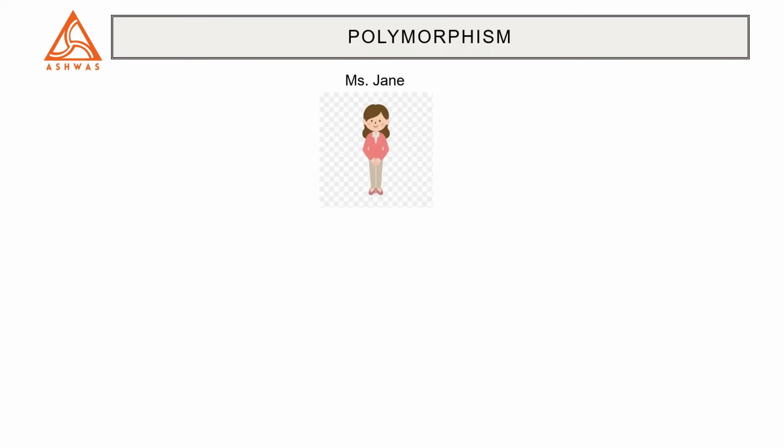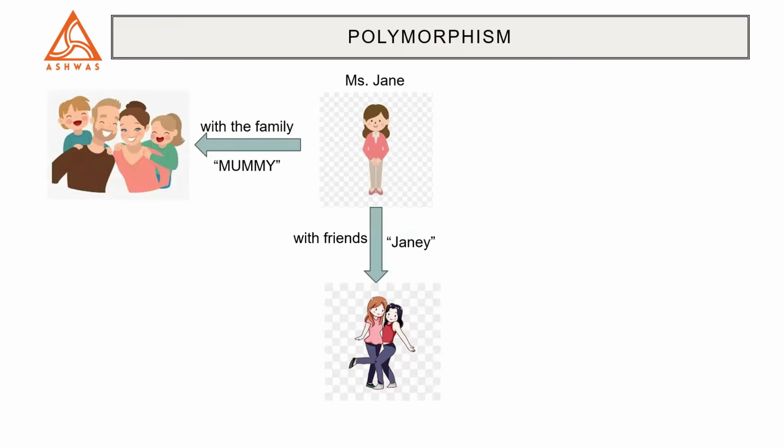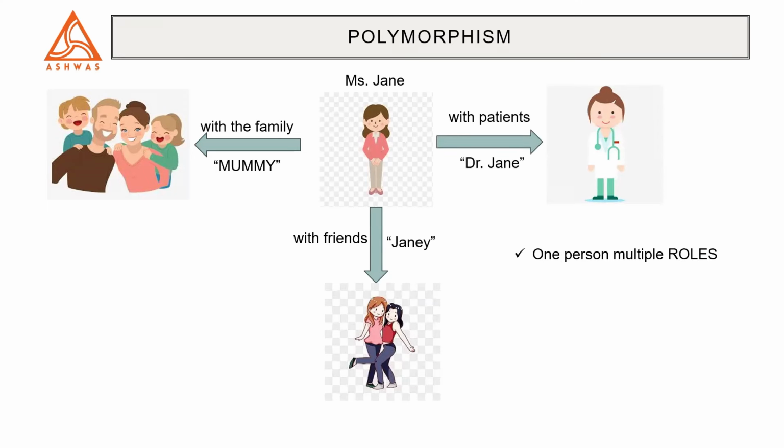Let us say there is a lady called Miss Jane. When Miss Jane is with her family, she is their mummy. When she is with her friends, she is Janie. When she is with her patients, she is Dr. Jane. So here, one person has multiple roles depending on the audience present in front of that person.